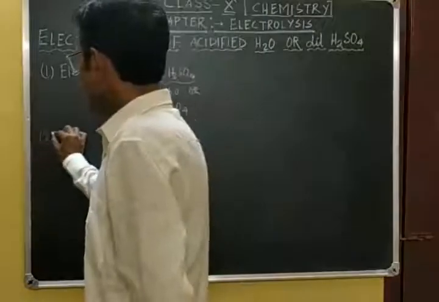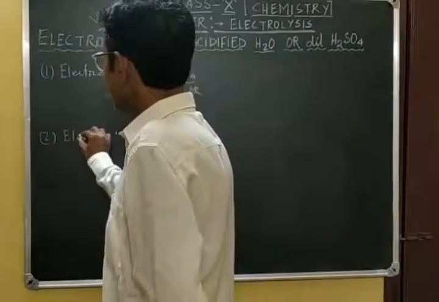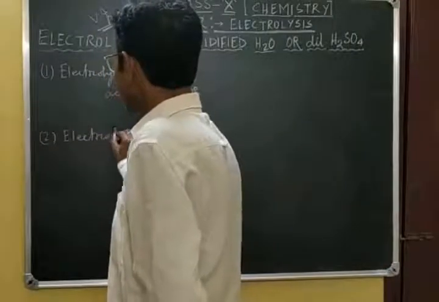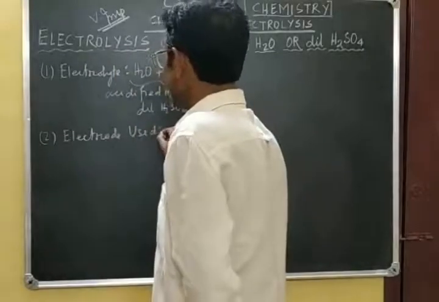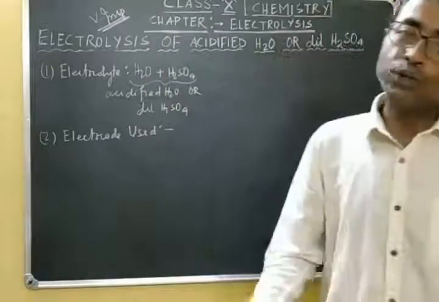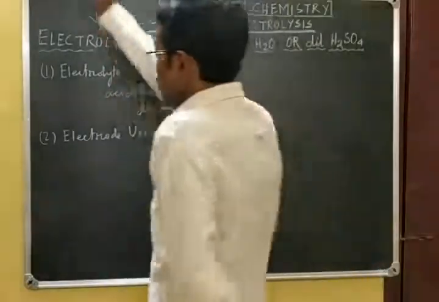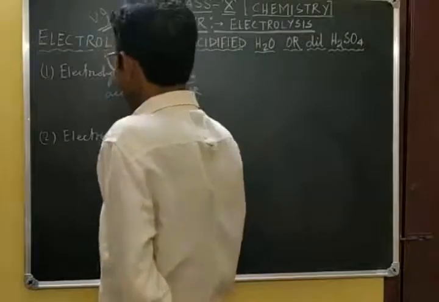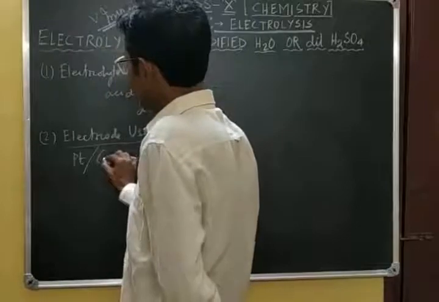Next, I am doing it for your knowledge. Number 2, electrode used. Here also we will be using the inert electrode. You can use graphite here, you can use platinum also. So for electrode we can use platinum inert electrode, or you can write graphite also.